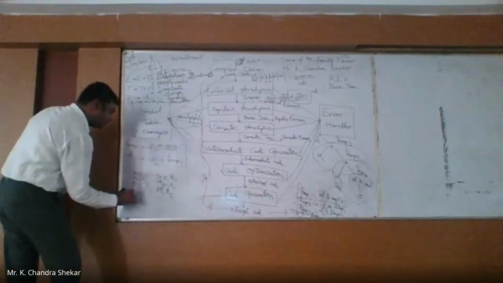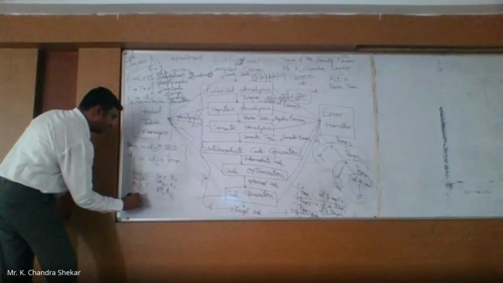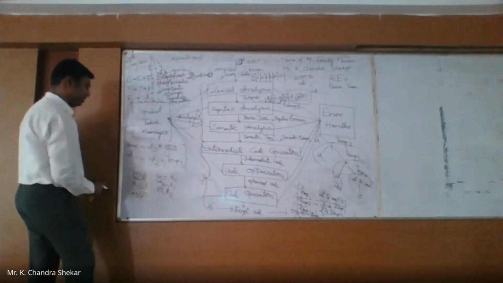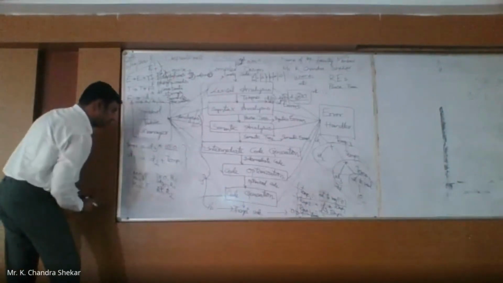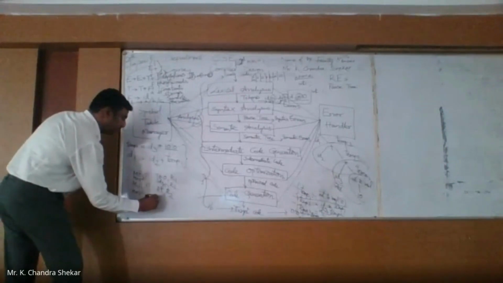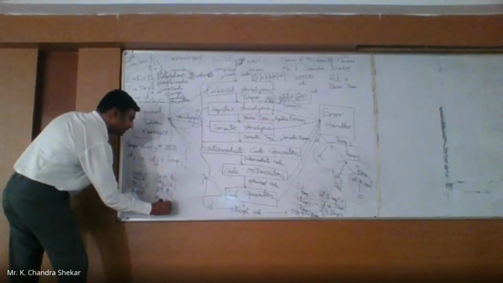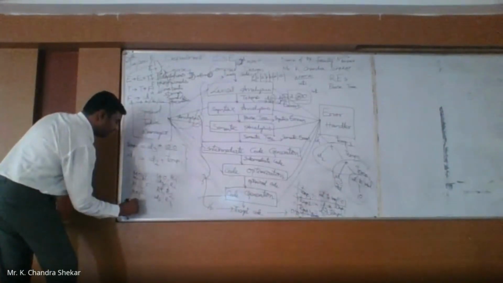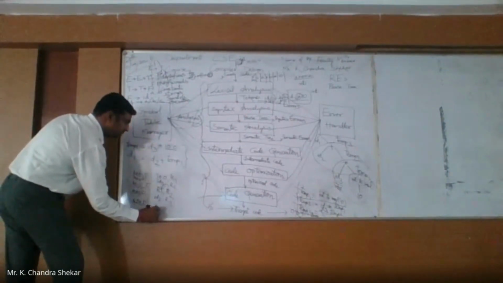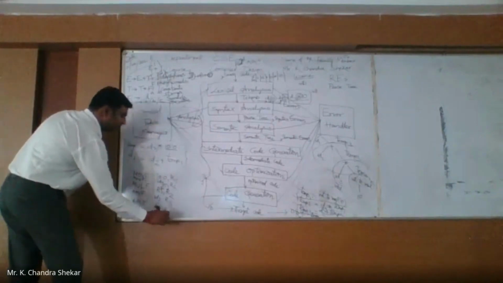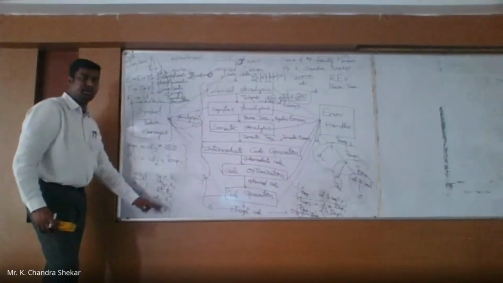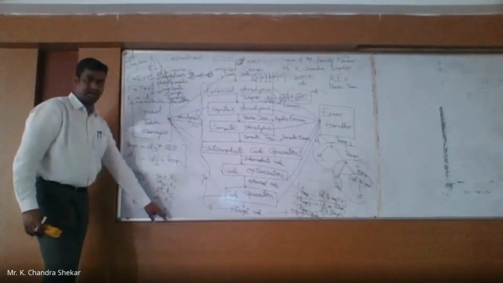Then later I will go for add. Before that, let me move the value of ID2 to, let me say, R3, and then go for ADD R3, R1. If you want the result to be stored in R3, then you go for ADD R3, R1.